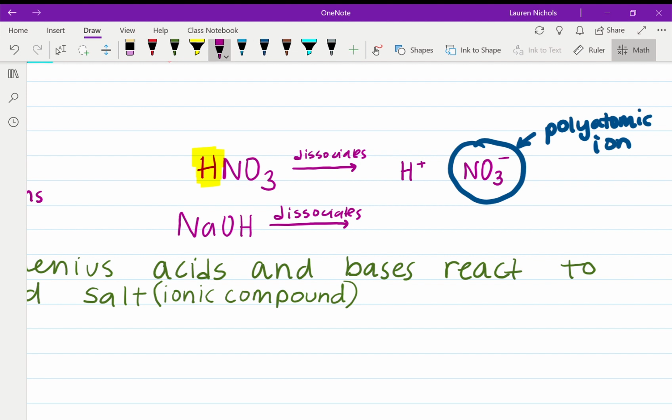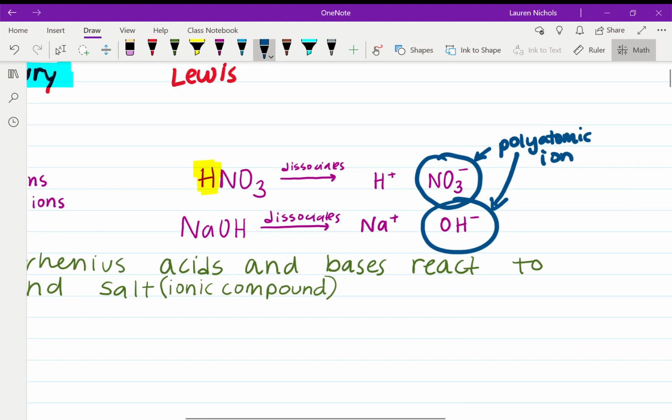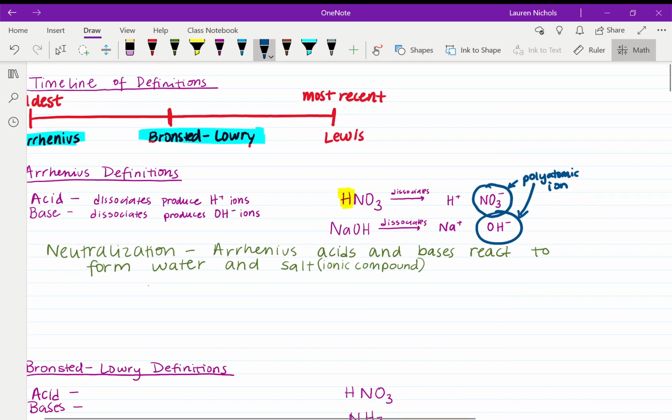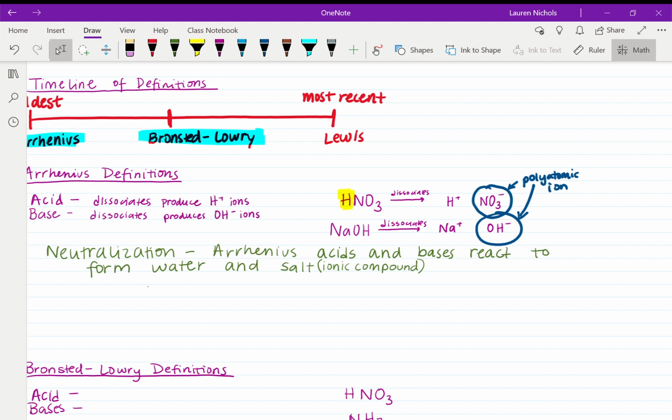Now, when NaOH dissociates, it dissociates into Na with a positive 1 charge, so our sodium ion, and our hydroxide ion, which is OH with a negative 1 charge. OH minus is also a polyatomic ion. So Arrhenius defined acids and bases based on what they produced when they dissociated into water. Acids produce H+, bases produce hydroxide ions.